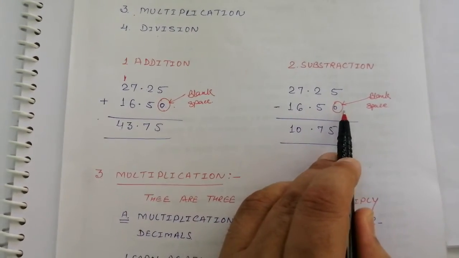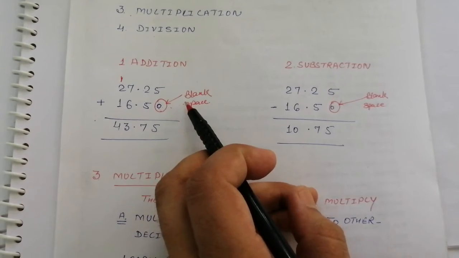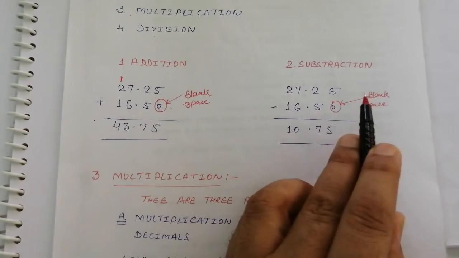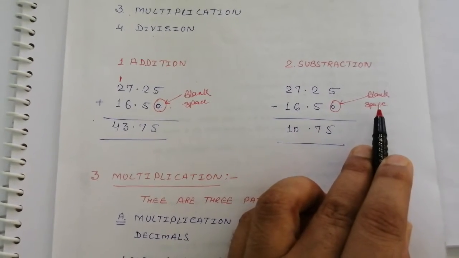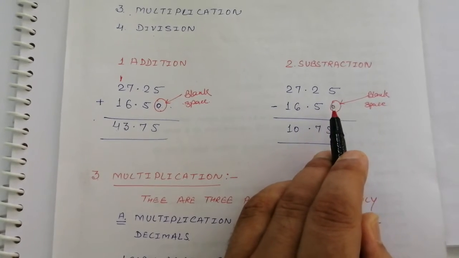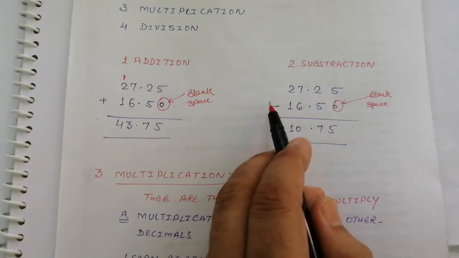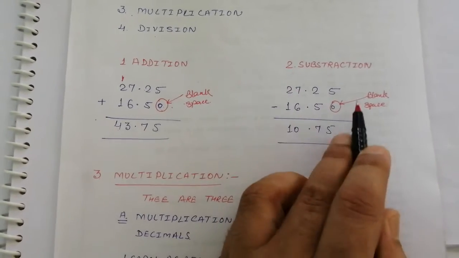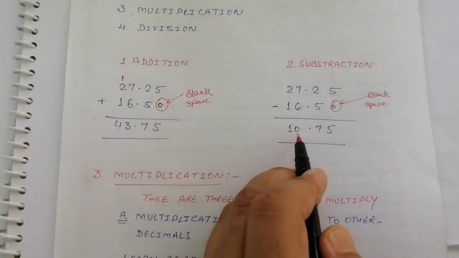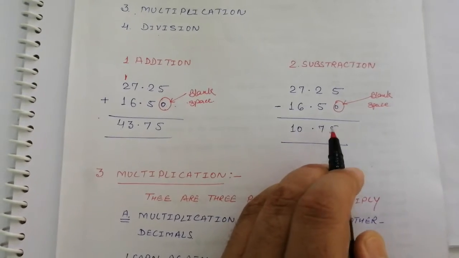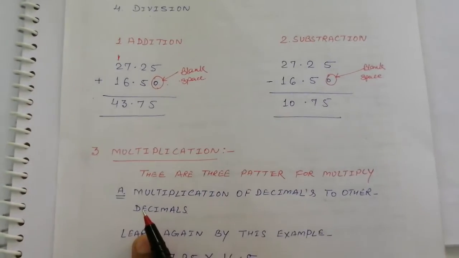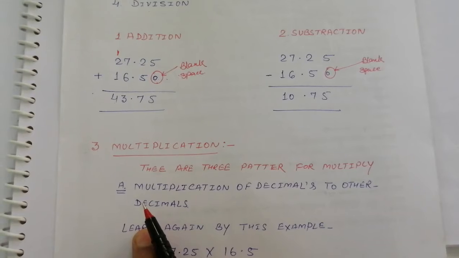Is that the same as the addition system? When there is a blank space, fill it up with 0, and then follow the normal process of any subtraction method. Is that clear? The answer is 10.75.